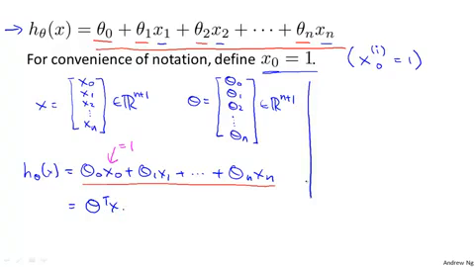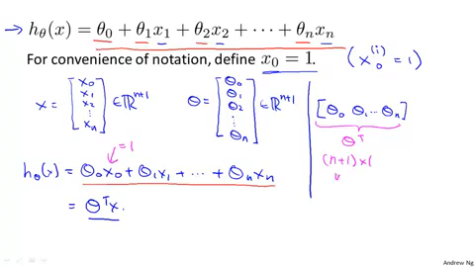Depending on how familiar you are with inner products of vectors, if you write out what theta transpose x is, it is this theta 0, theta 1 up to theta n. So this thing here is theta transpose, and this is actually a 1 by n plus 1 matrix. It's also called a row vector. And we take that and multiply it with the vector x, which is x0, x1, and so on down to xn. And so the inner product that is theta transpose x is just equal to this.